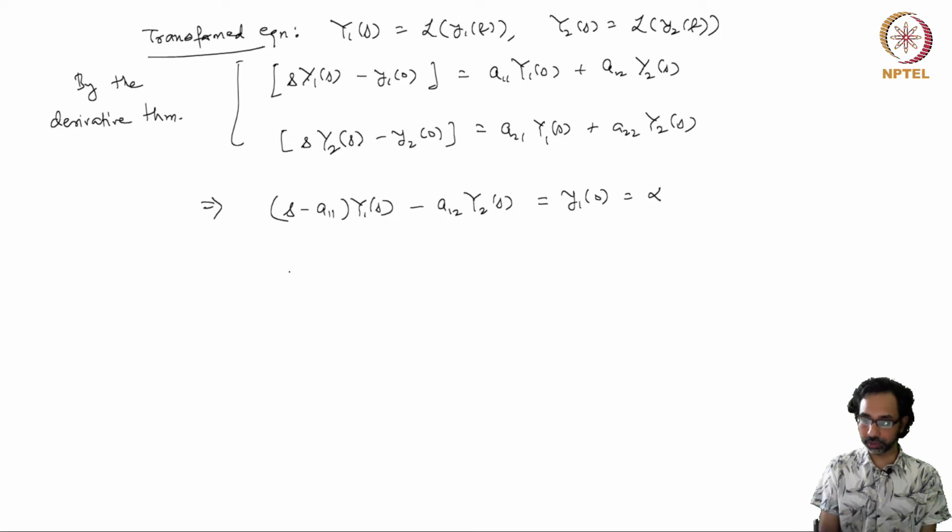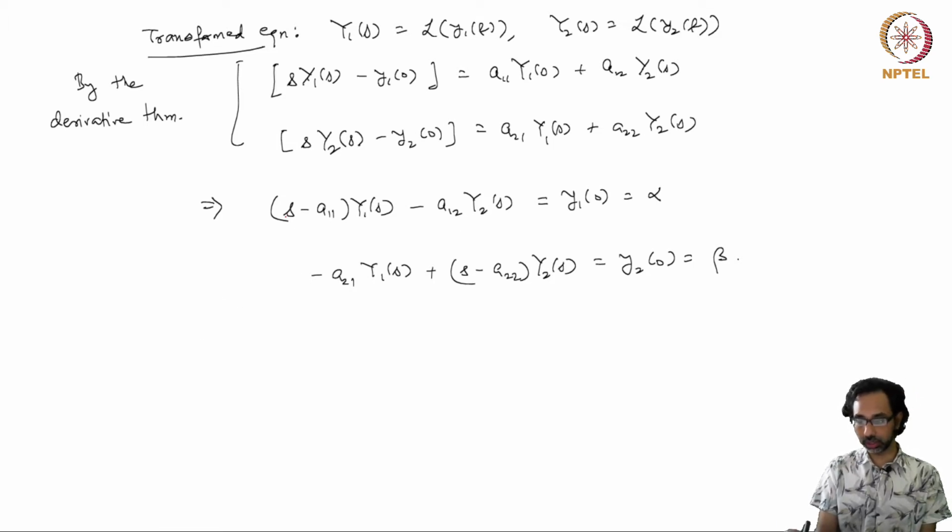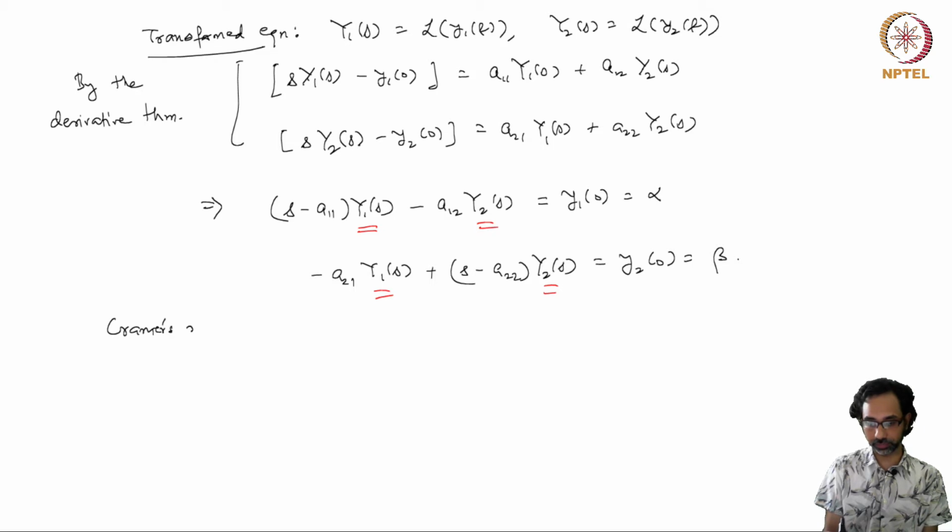And similarly for the second equation we get minus a21 Y1(s) plus (s minus a22) Y2(s) is equal to y2(0), which is beta. So now we have a system of linear equations in two unknowns Y1(s) and Y2(s). We can apply Cramer's rule to solve this for Y1(s) and Y2(s).